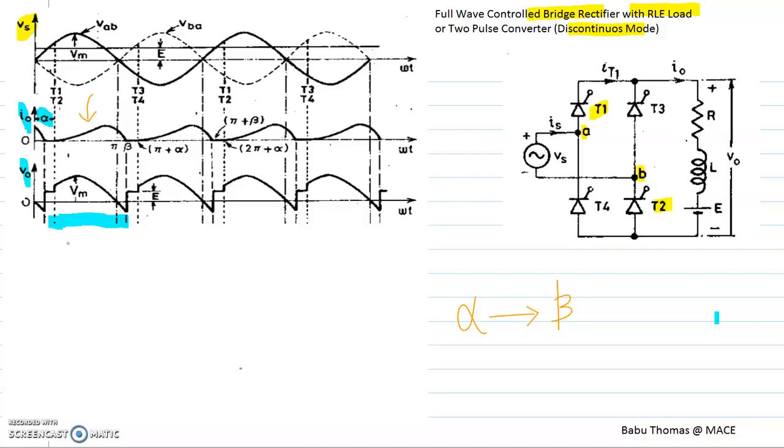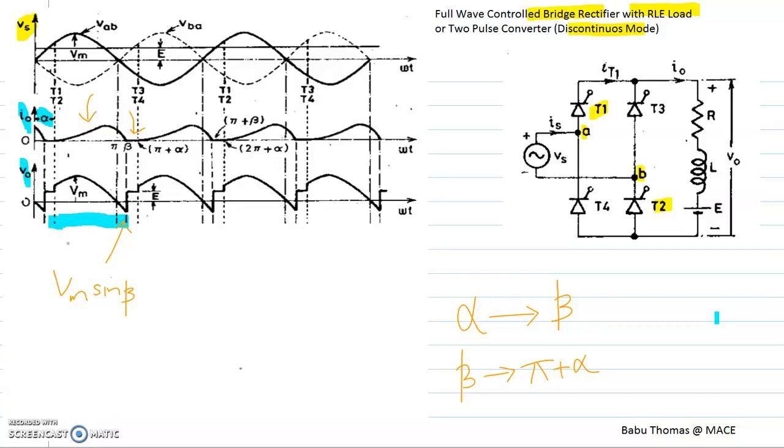Now our focus of interest is from beta to pi plus alpha. During this particular region, we will see what is going to happen. At this instant of angle beta, the instantaneous value of voltage is nothing but Vm sine beta.